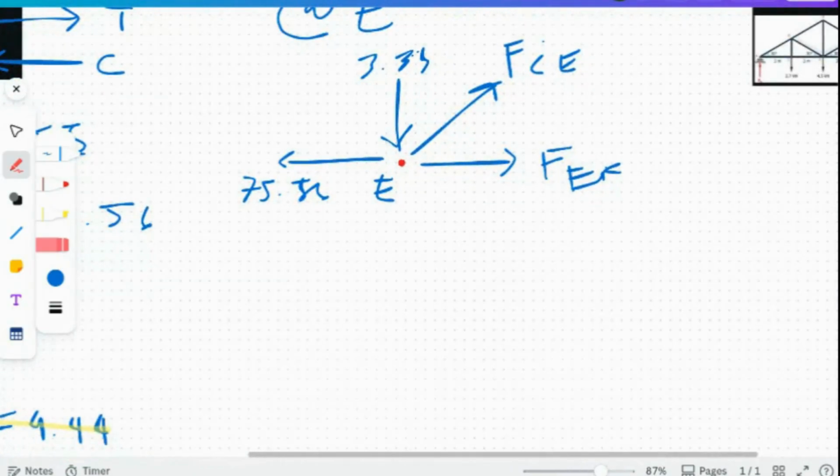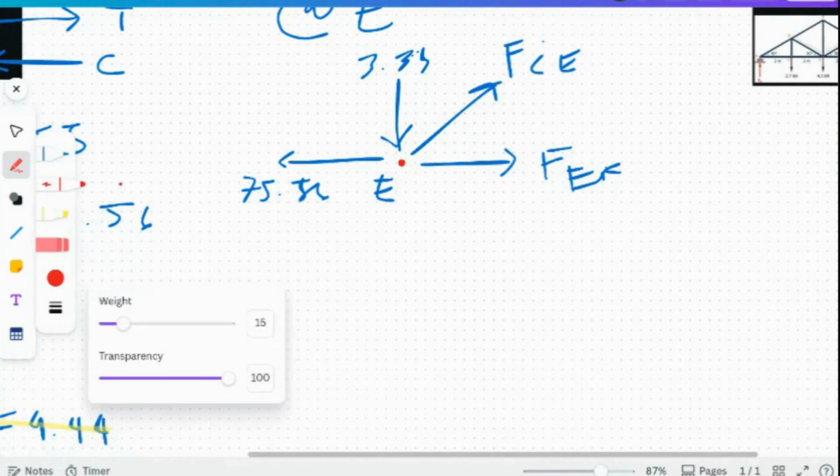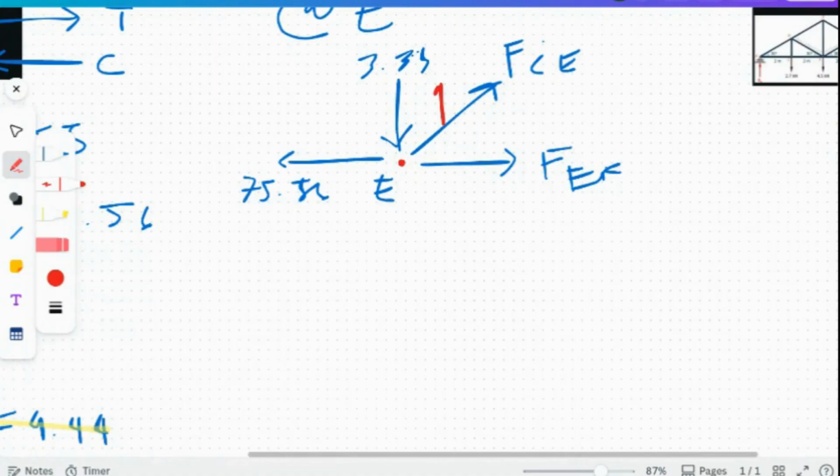As always, we will break down forces that are in diagonal direction, or not on a cardinal direction, to its components.